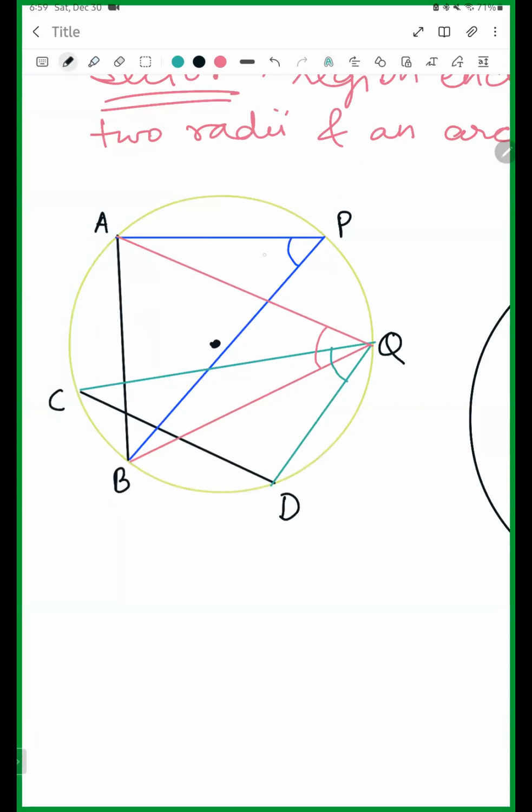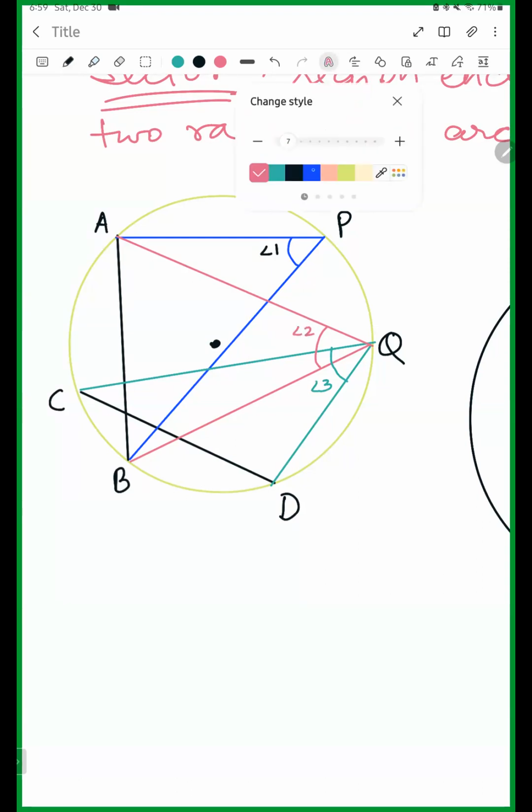So this is angle 1, angle 2, and angle 3. Just a minute. You don't have to draw this. It's a small test kind of thing.